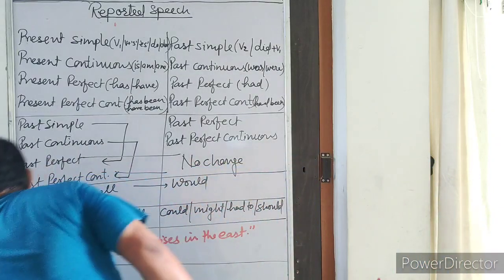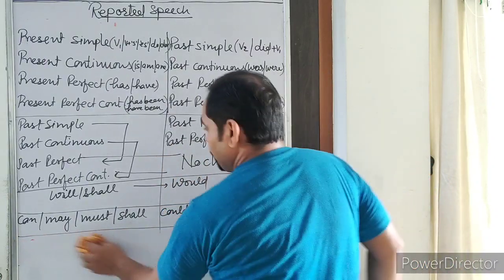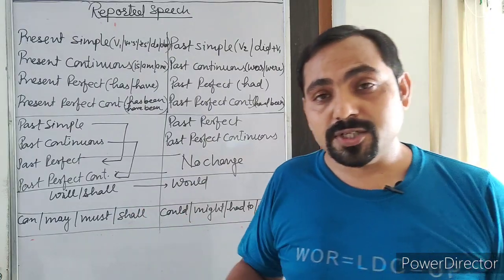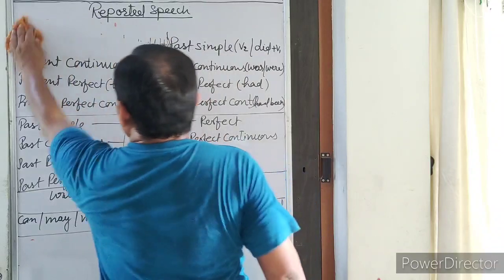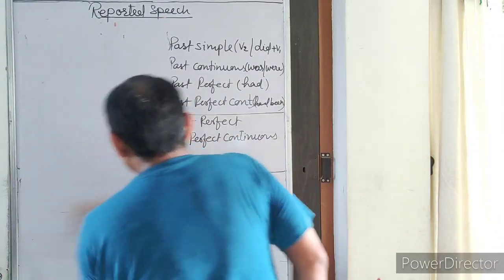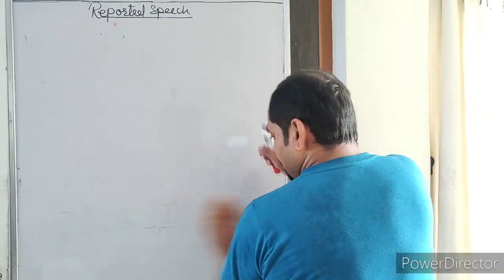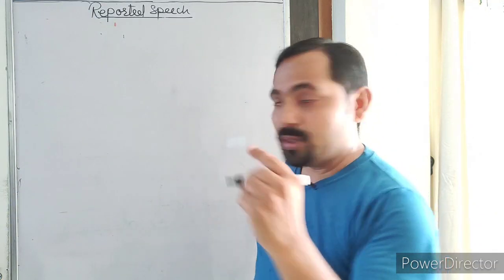So now we'll talk about one more table which is very important. If you want, you can note it down. I'll give you another table, where nearer becomes farther. If your reporting verb is in past tense, then we follow the table that I just gave you, and you follow this table also.